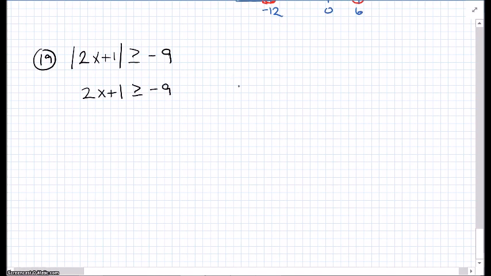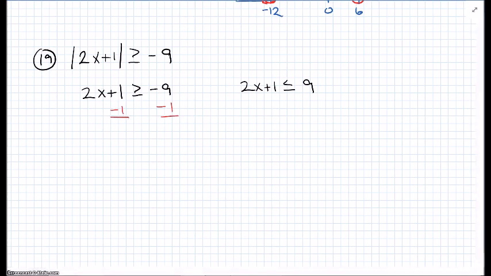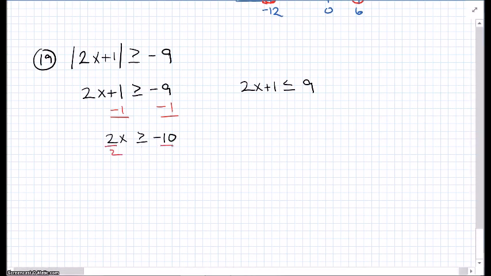And we need a negative solution set, which would be 2x plus 1 less than or equal to positive 9. Subtract 1 from each side. I'm going to get 2x greater than or equal to negative 10. Divide each side by 2. X is greater than or equal to negative 5.